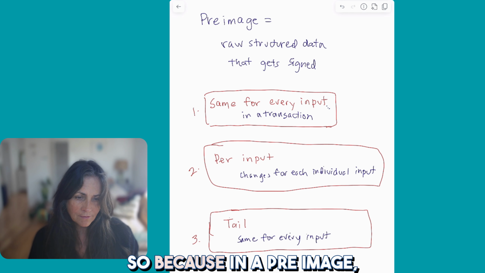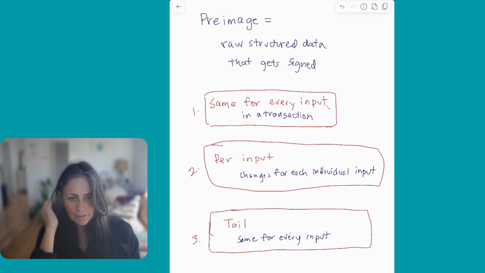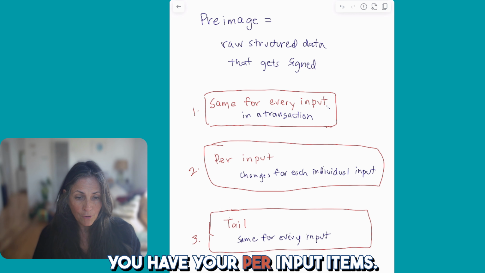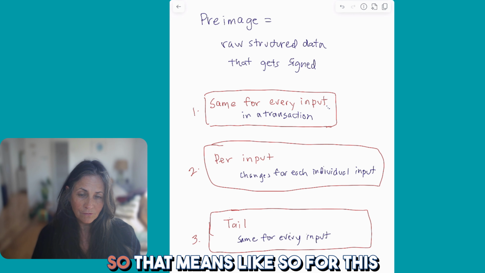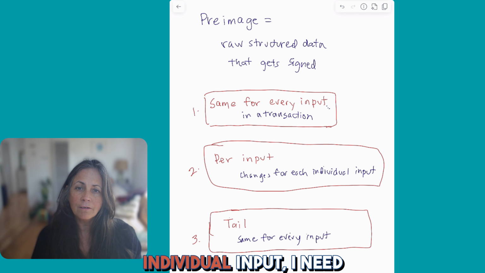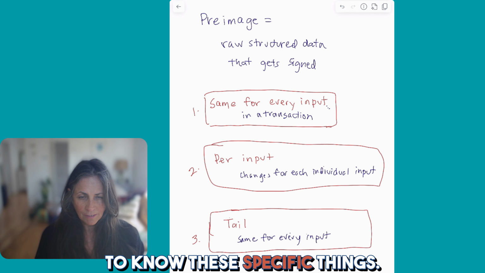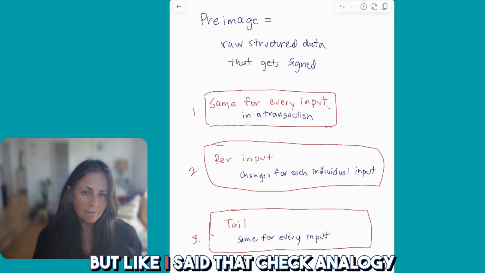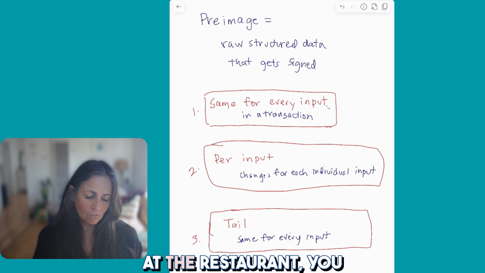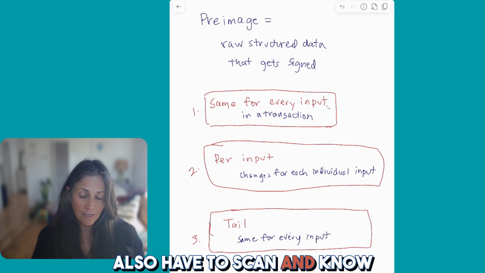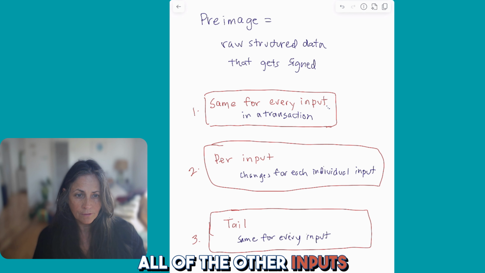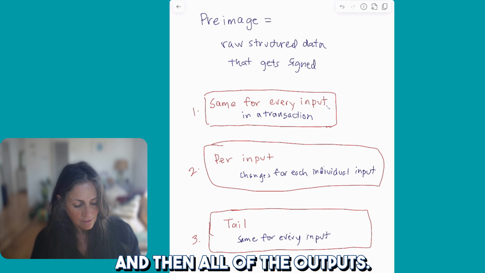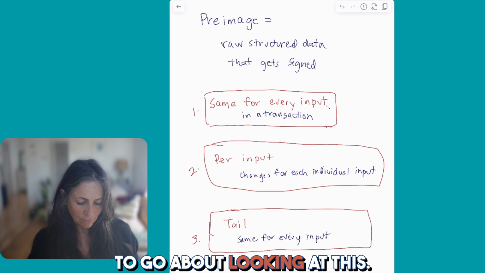Because in a pre-image, you have your per input items. That means for this individual input, I need to know these specific things. But like that check analogy at the restaurant, you also have to scan and know all of the other inputs and then all of the outputs. So that's how we're going to go about looking at this.